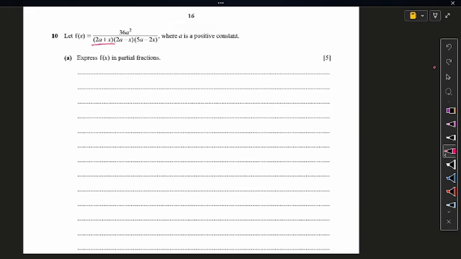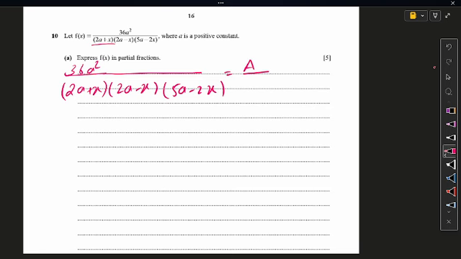So once you write that fraction in terms of its general form, that retains 36a square over (2a plus x) times (2a minus x) times (5a minus 2x) is equal to a over (2a plus x) plus b over (2a minus x) plus c over (5a minus 2x).